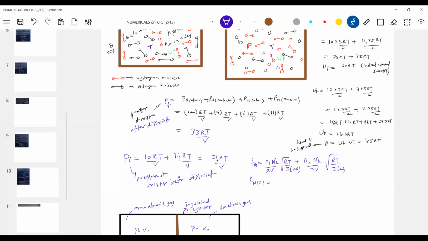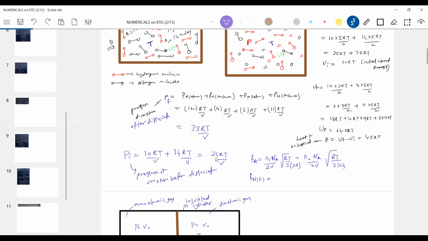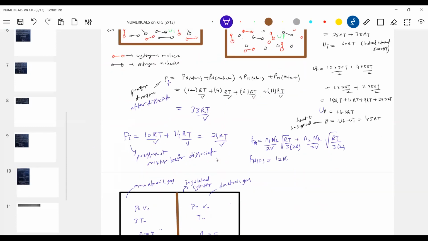And now again, the same thing, substitute the molecular mass also, you have to be careful. 6 moles of nitrogen will undergo dissociation. So how much will be there? 12 will be there. So 12 Na by 2V, RT by 3 into 14, plus 4 Na by 2V, RT by 3 into 28.